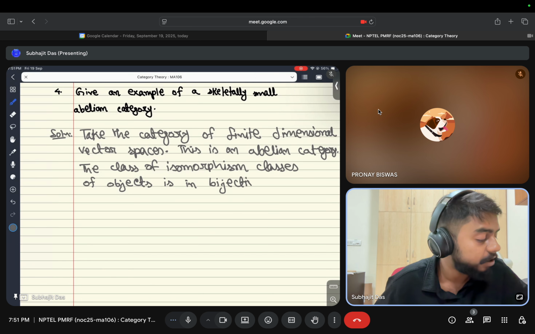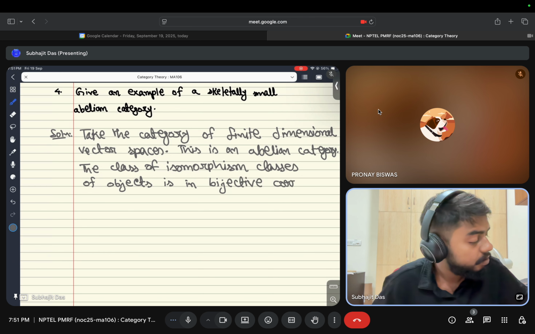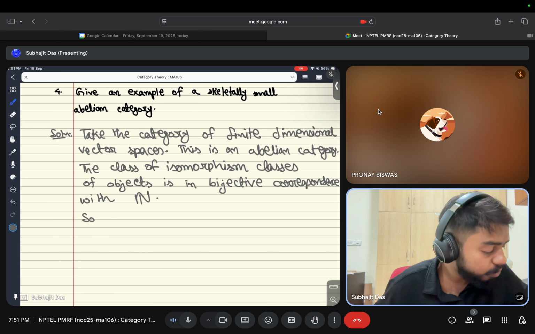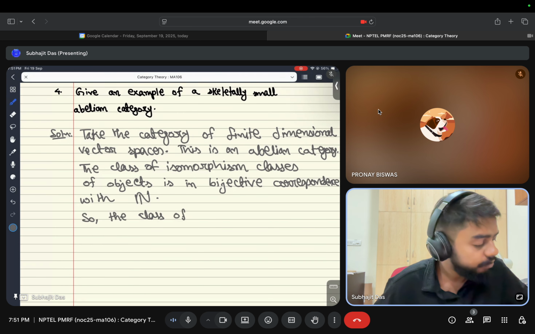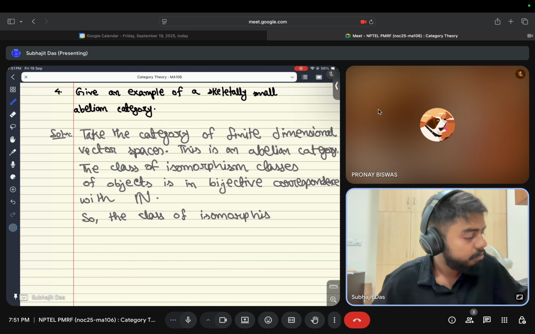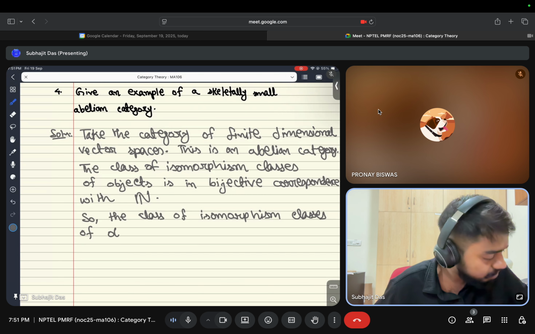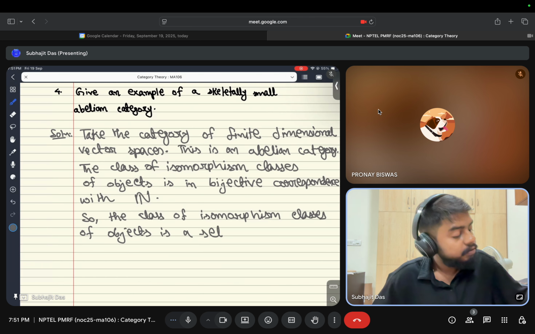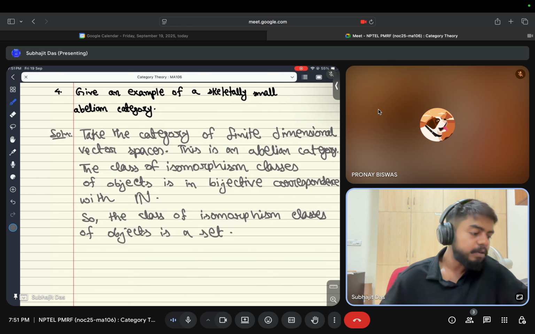There is a bijection with the set N of natural numbers. So the class of isomorphism classes of objects is a set. So this is skeletally small.